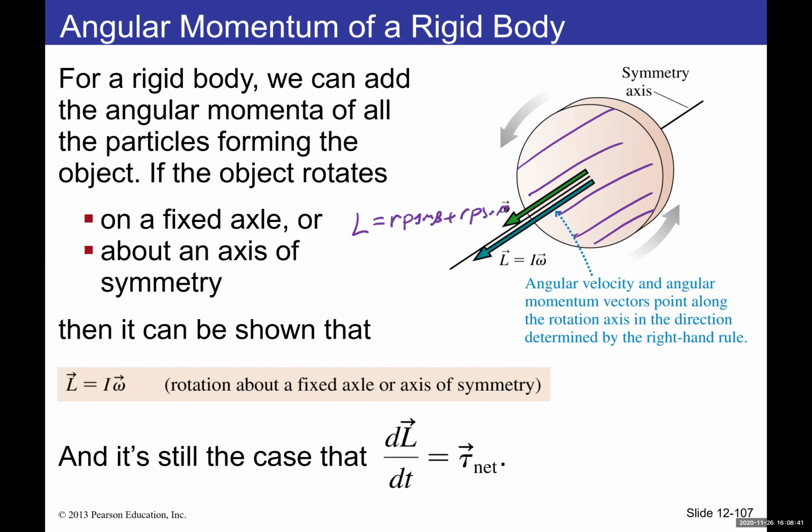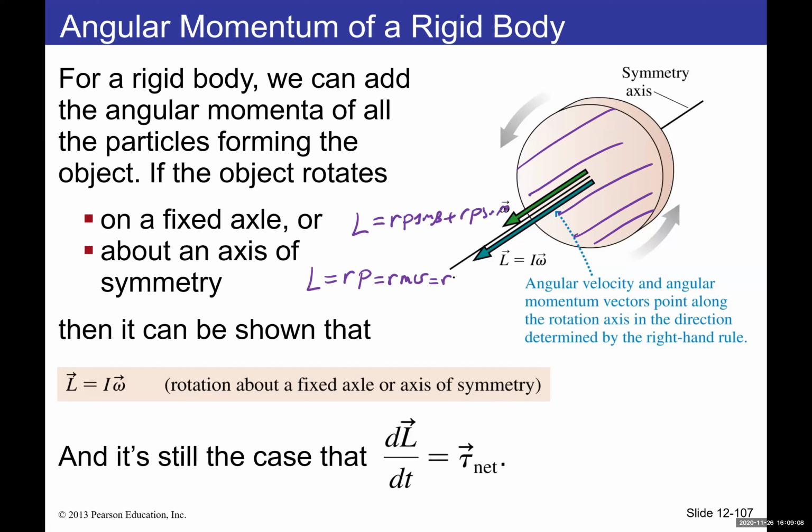If I start adding them all together, think like this. For example, this is r times p, and let's say beta is 90, so sine of beta is 1. Just looking at it in terms of r times p, this is r times m times v.